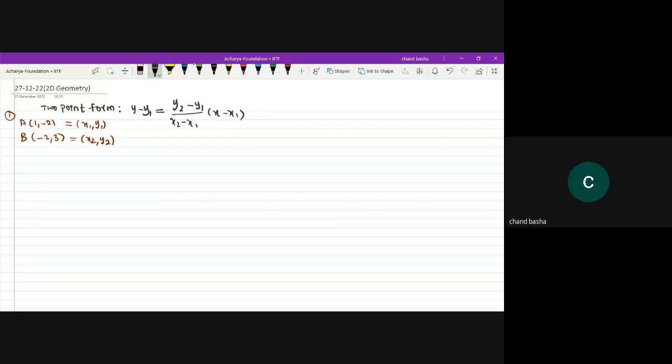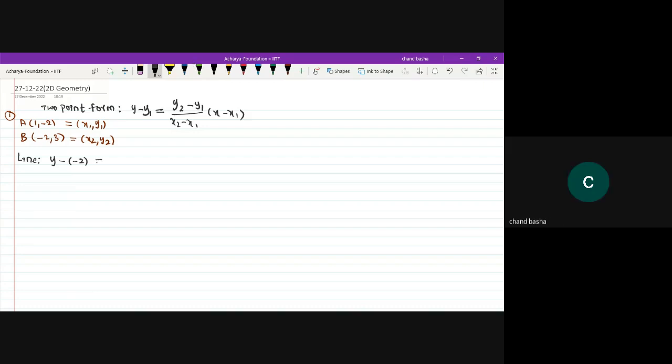Can we calculate directly? So the equation of the line is y minus y1. Y1 value is how much? Sir, I got minus 5 by 3. The slope? Yes, sir, minus 5 by 3. Very good.